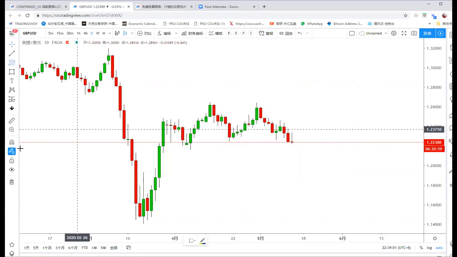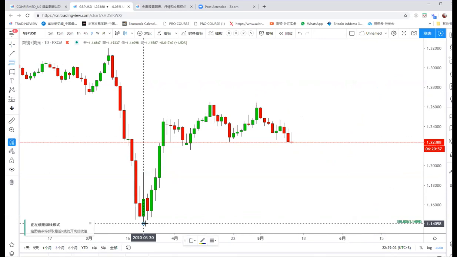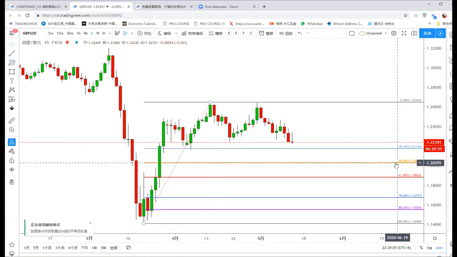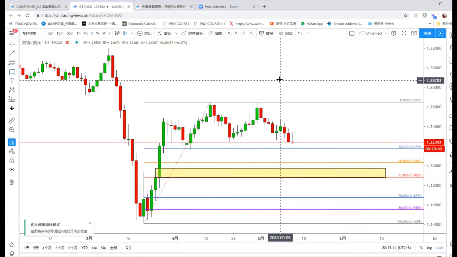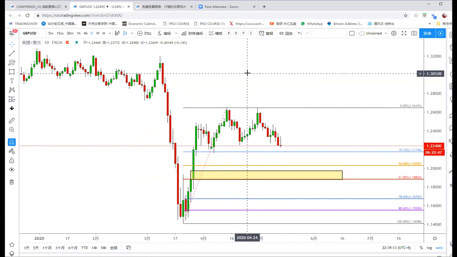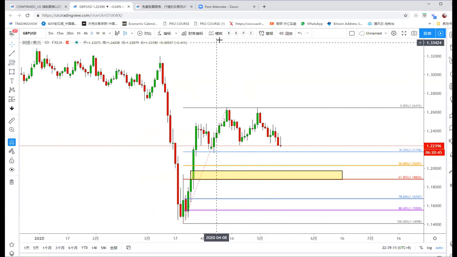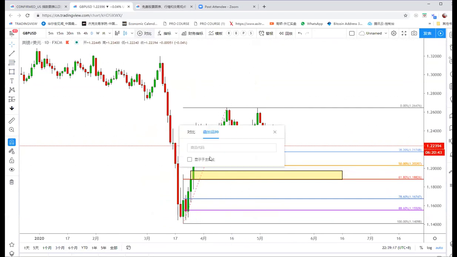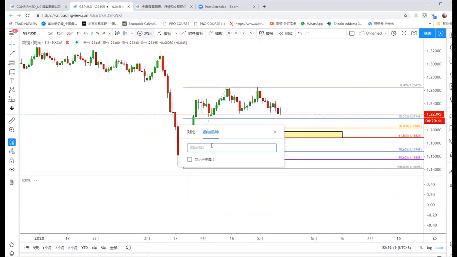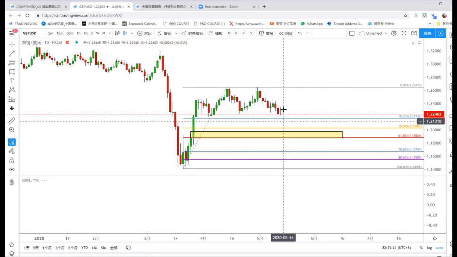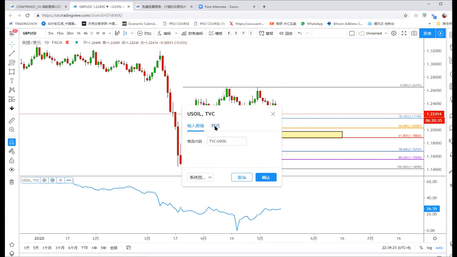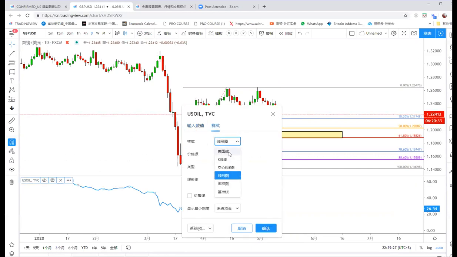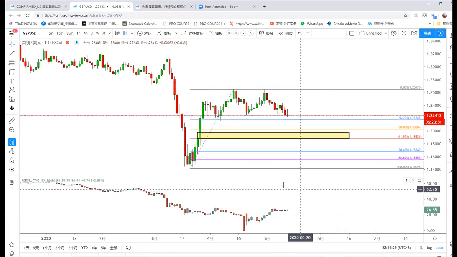However, let me highlight, if the sterling did go to 1.20 or 1.18, finding some price action to buy from there will be a very, very good idea. It's just like oil. Let me compare this with oil and you'll know what I'm talking about. The oil has tested the $6 here, right?